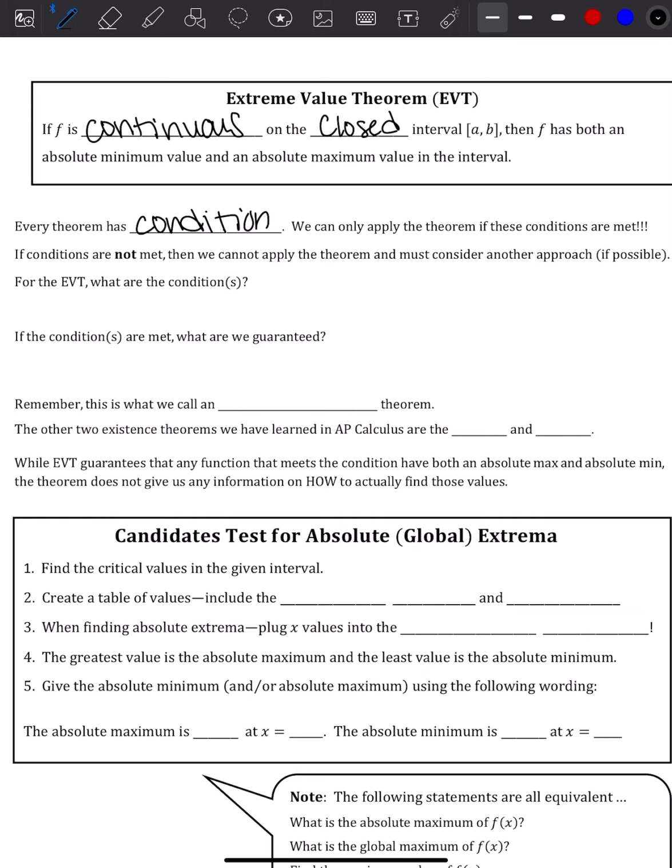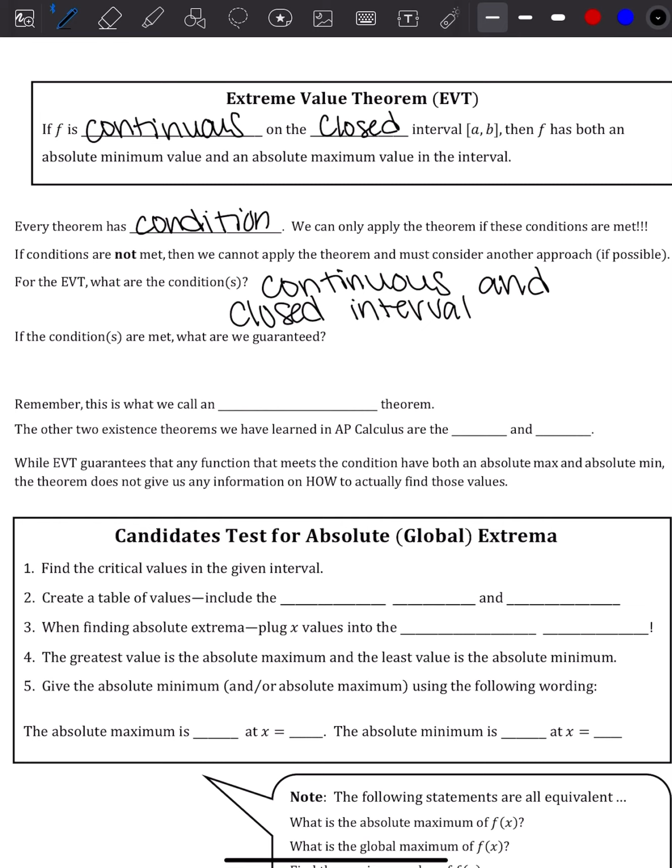If conditions are not met, then we cannot apply the theorem. So when we're talking about EVT, we had two things that we had to write down. It's continuous on a closed interval. So our two conditions here are continuous and closed interval. If the conditions are not met, then we would say there is no guarantee.